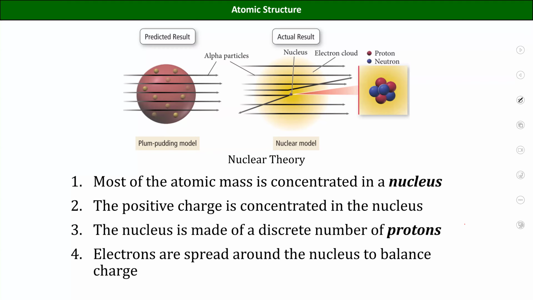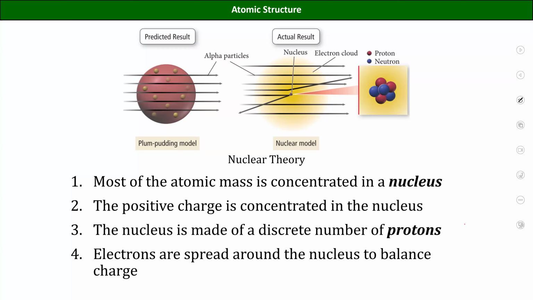And that's why almost all of our alpha particles move right through it. Because they're not hitting a uniform density, positively charged mass, like the plum pudding model. Mostly, they're just going right by those nuclei. And he said that the nucleus has to be made of a discrete number of protons.